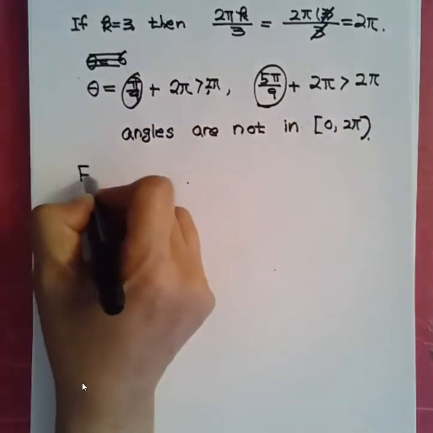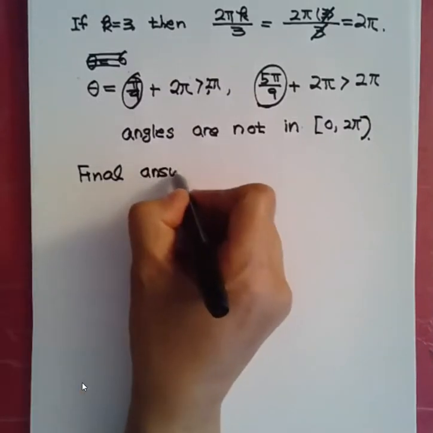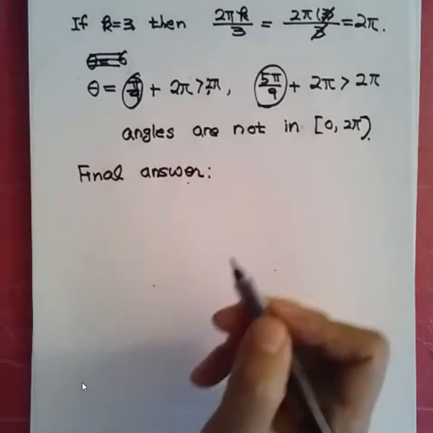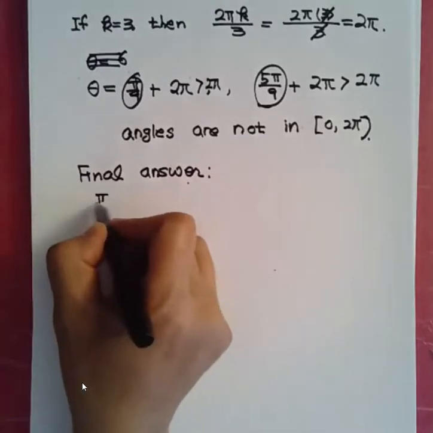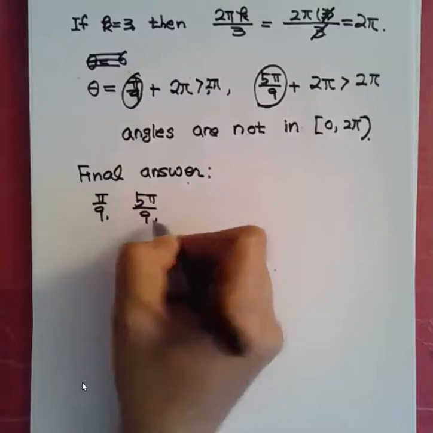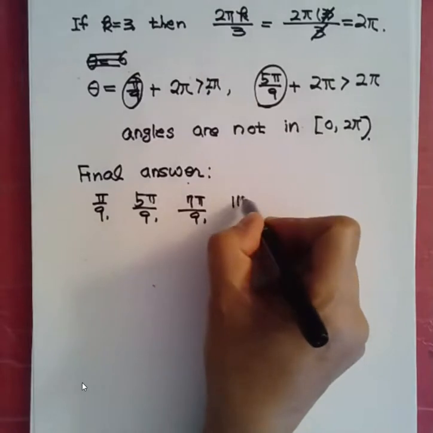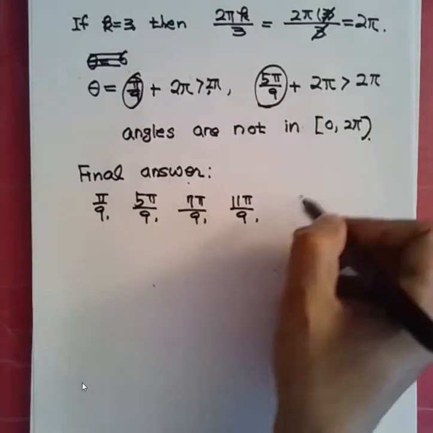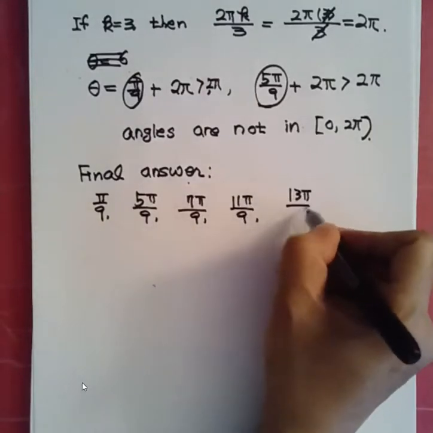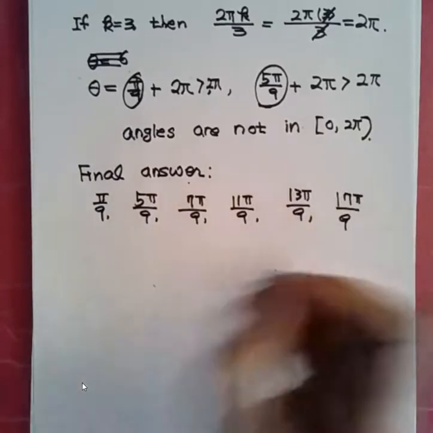So the final answer for this remark is pi over 9, 5 pi over 9, 7 pi over 9, 11 pi over 9, 13 pi over 9, 17 pi over 9.